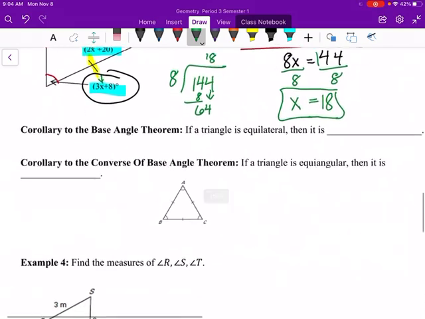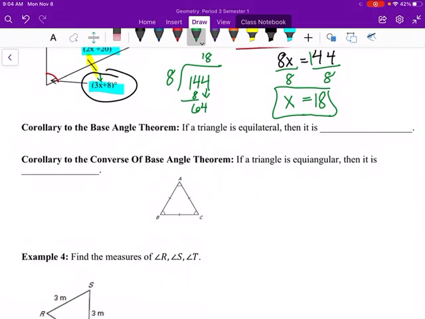Okay, the last thing we're going to go over today is the corollary to the base angle theorem, which tells us if a triangle is equilateral, then it is also going to be equiangular.